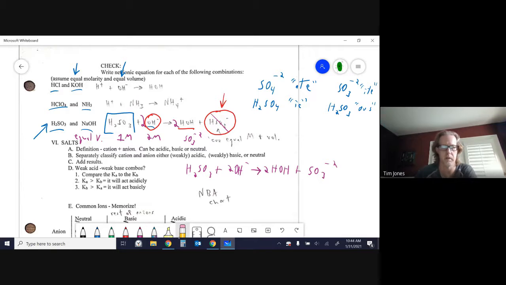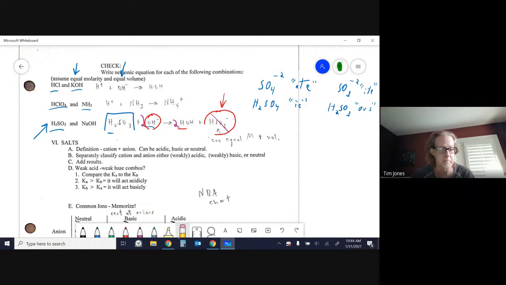All right, looking at salts. Again, when you hear the word salt, don't just automatically think sodium chloride like in food. Salt is basically saying something ionic. So it turns out when you put something ionic in water, we're assuming that it dissolves at least in this case, and the resulting solution can be acidic, or basic or neutral, and we need to be able to quickly tell.